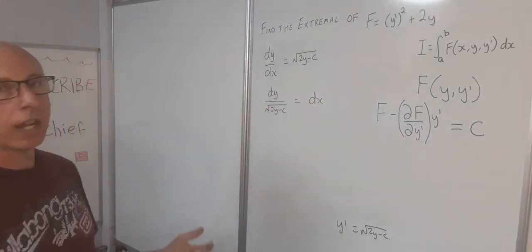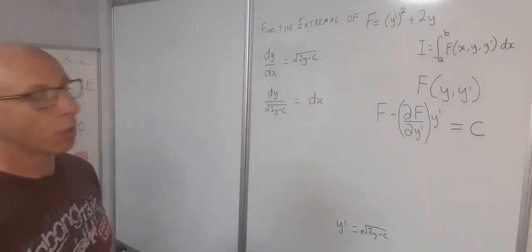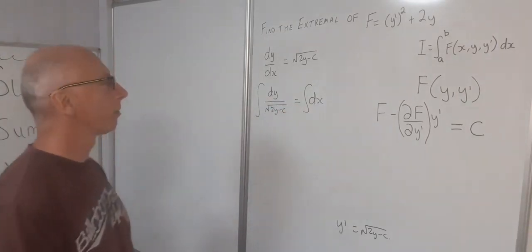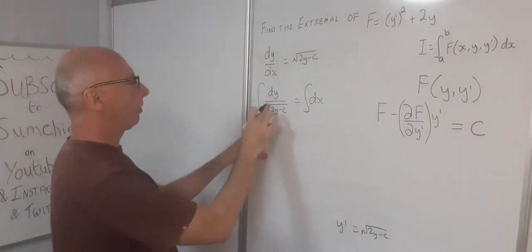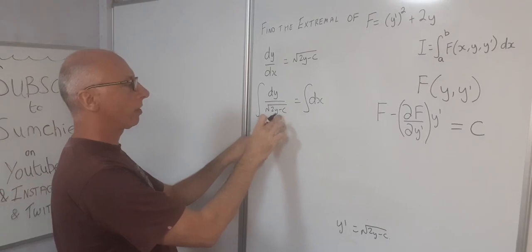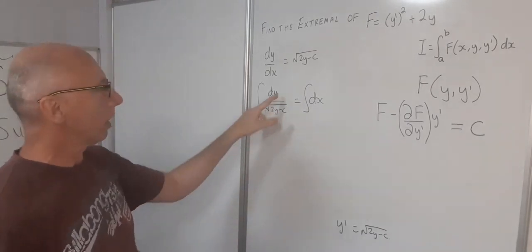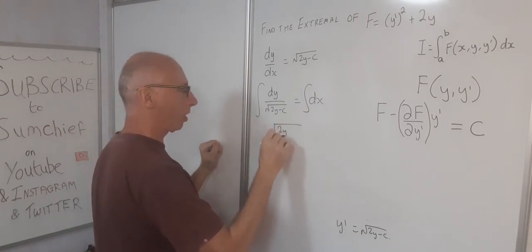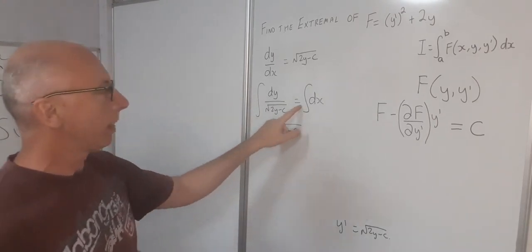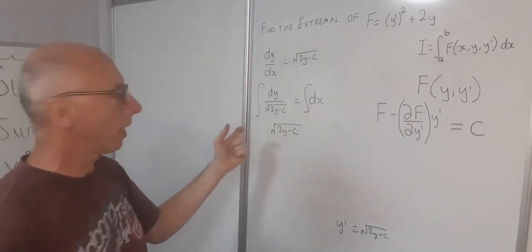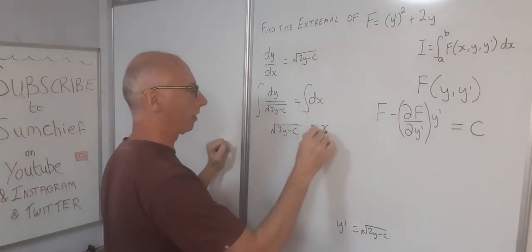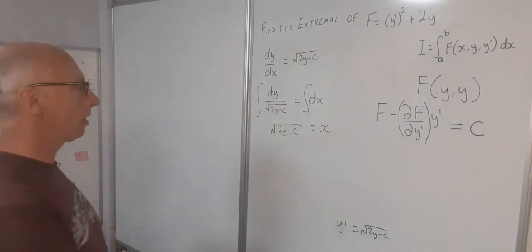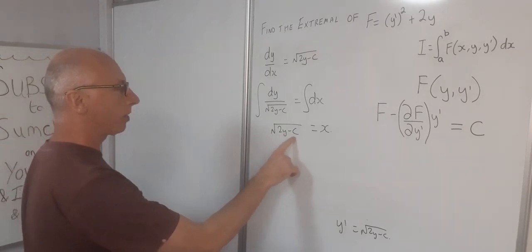Okay, so for separation of variables, all we do now is integrate both sides. The integral of 1 over the square root of 2y minus c is just going to give us the square root on the top. So now I've got the square root of 2y minus c. Then the integral of dx is just going to leave us with x. Now we've got a good chance to get this 2y minus c out of the square root.